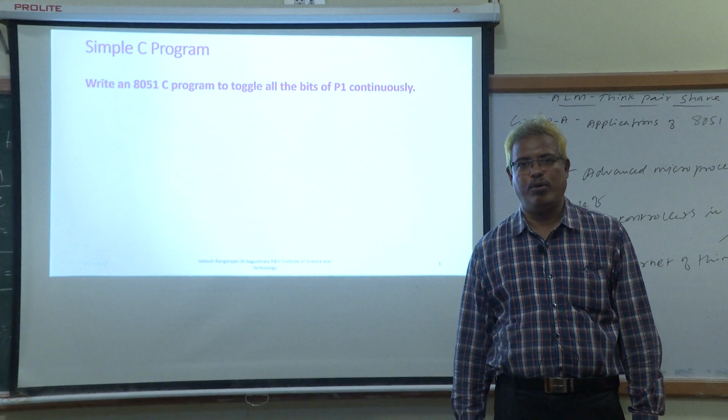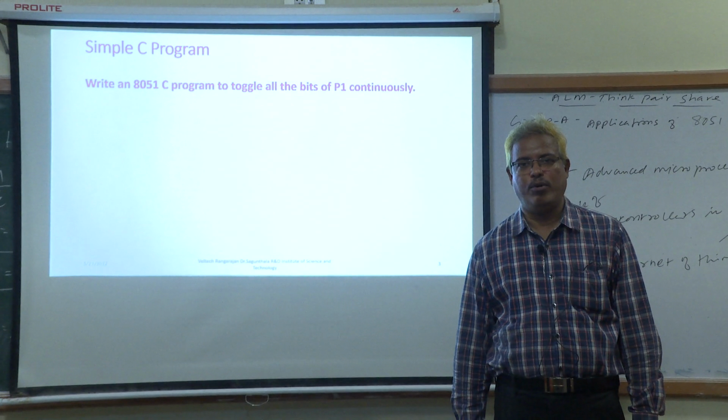This is a very simple program for toggling the LEDs. In the previous program there was no delay, so we need to create the delay. Write an 8051 C program to toggle a single bit of port 2 continuously with 500 millisecond delay. Port 2 is declared here as a single bit LED, and the program starts with int main, LED equal to 0, configuring it as an output pin, and then start the for loop.